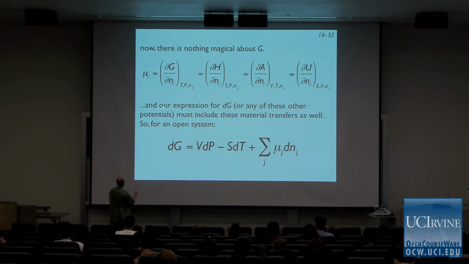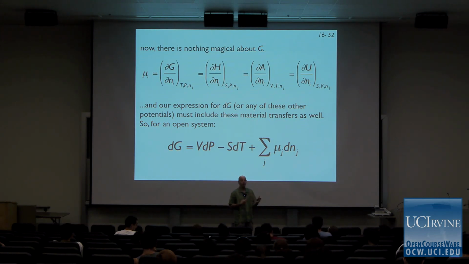Now, okay, so we've encountered this expression for the Gibbs energy before. All right, but it turns out to generalize this for open systems, we have to include the possibility of fluxes of material in and out of the system. And that's what this term right here does. What is this?